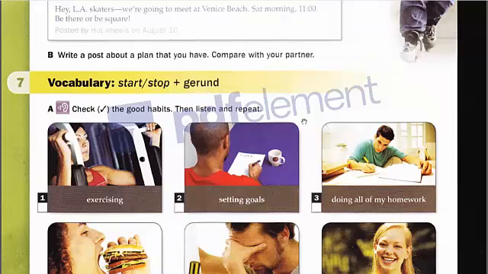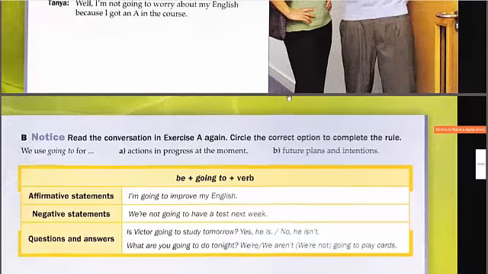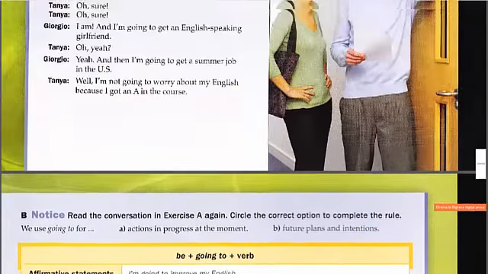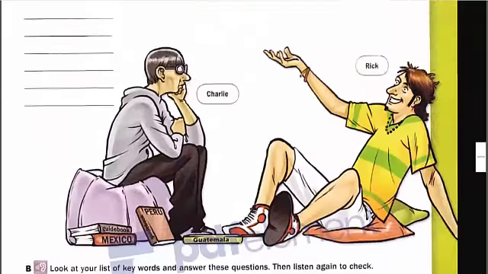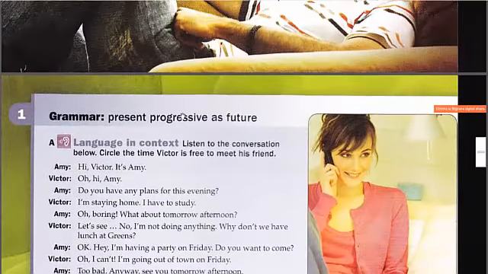Okay, my friends. Now, we're going to watch a video, as I told you, related to be going to and the present progressive tense. Do you remember present progressive? As future, it says, we use the present progressive to talk about near future activities.